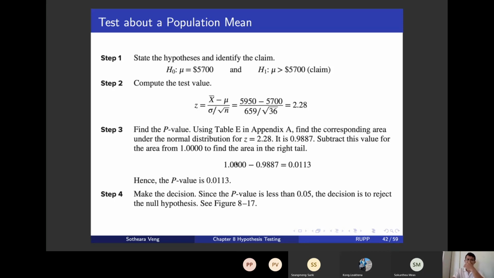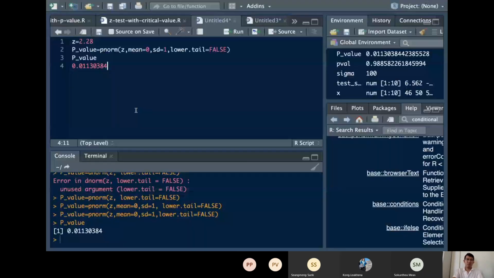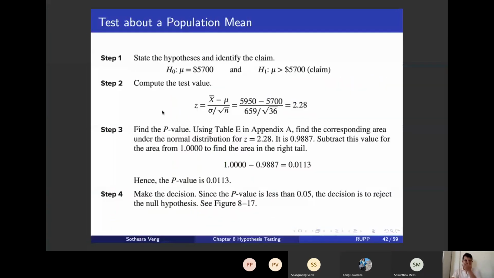So you have to subtract the area to the left from 1, and then you obtain the area to the right, which is 0.011, which is given by R with this code. So I don't recommend using the table, but using R.